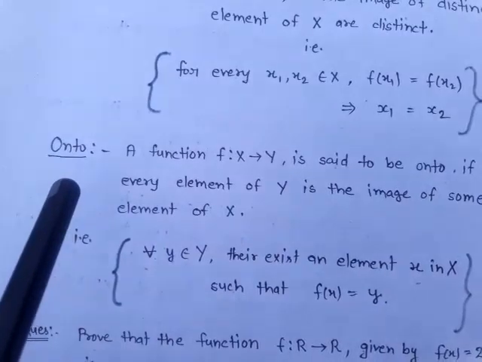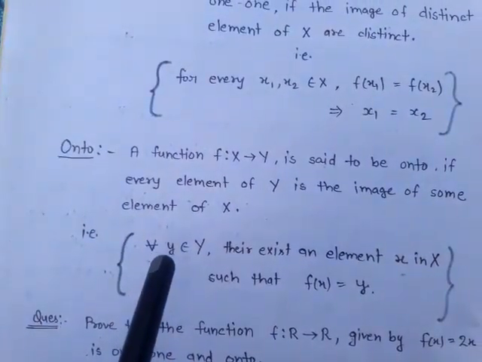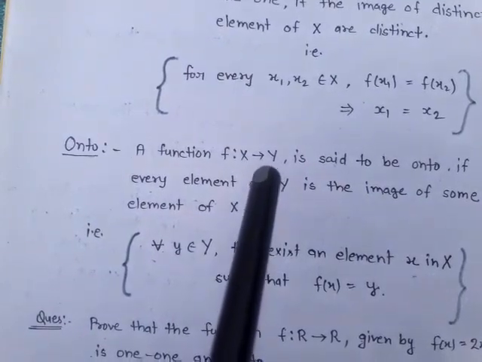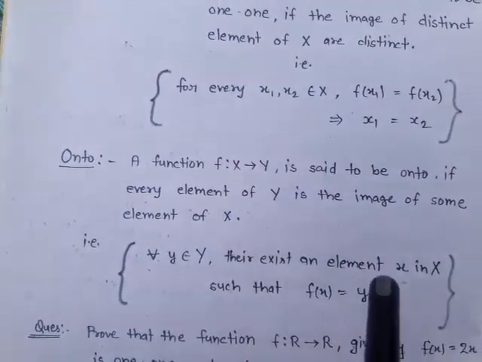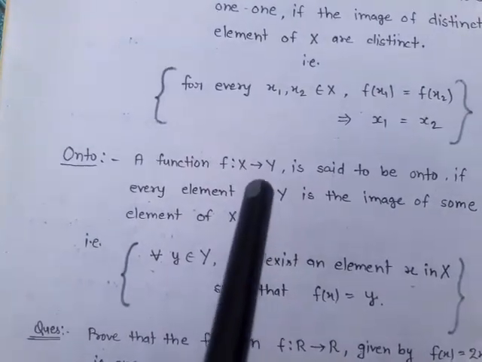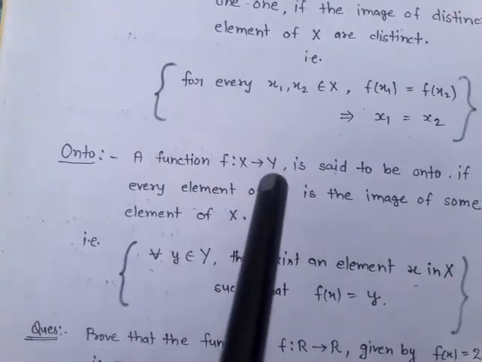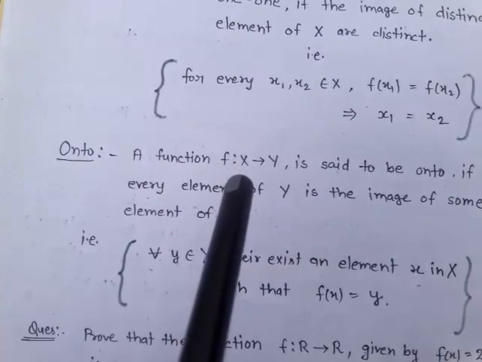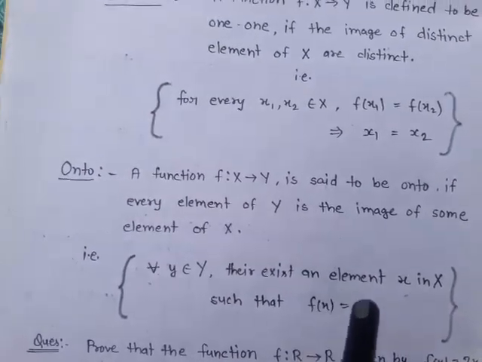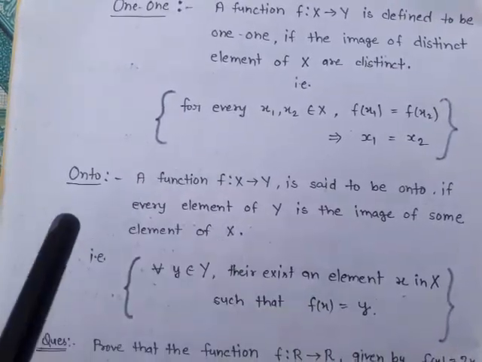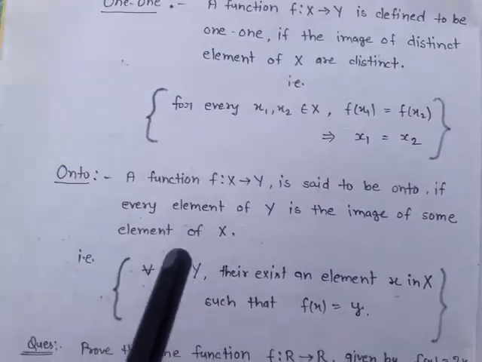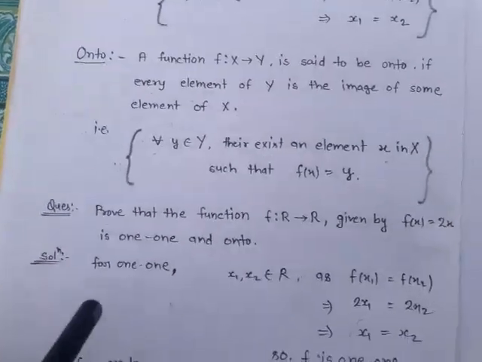The mathematical form of onto is: for every small y belongs to Y, there exists an element x in X such that f(x) = y. That means we take small y in Y, then there exists an element small x in X such that f(x) = y. If this condition holds in any question, we say that the function is onto. Now using both relations you can solve questions.